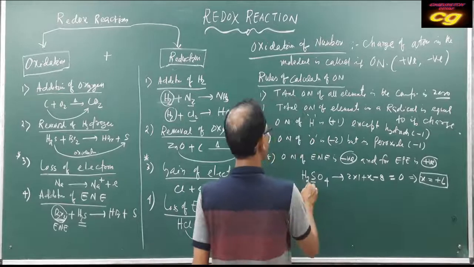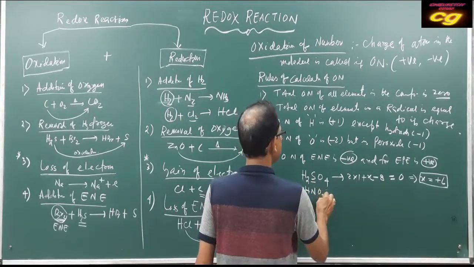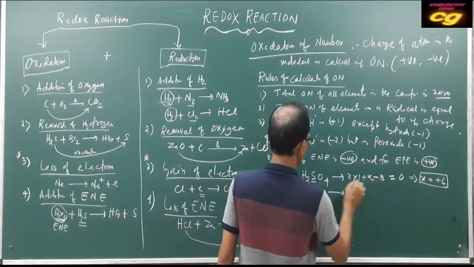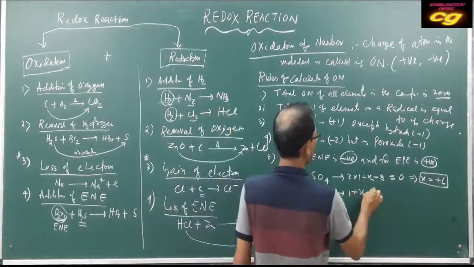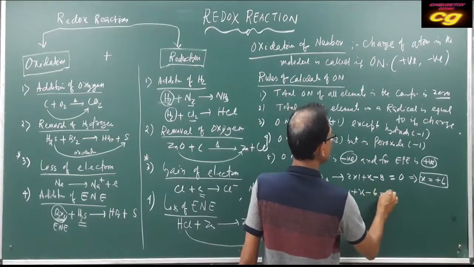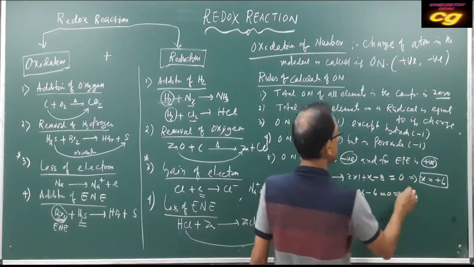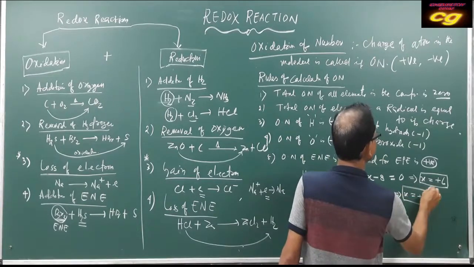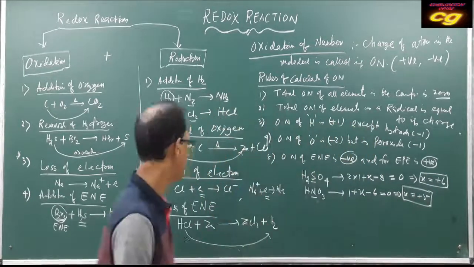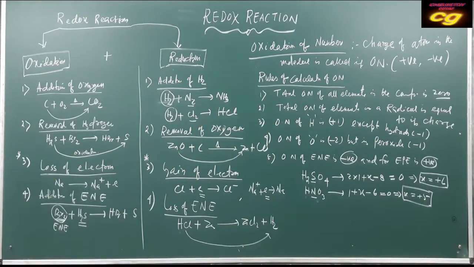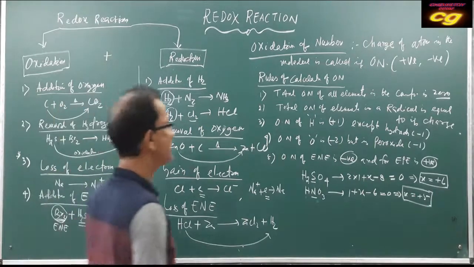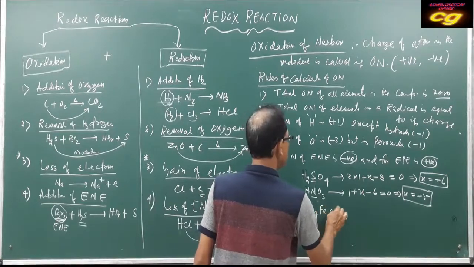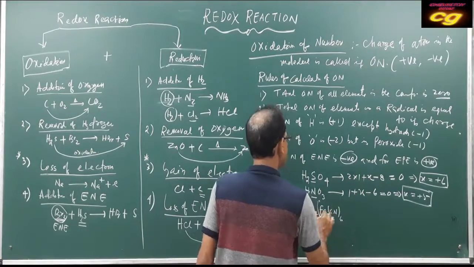Then the oxidation number of nitrogen in nitric acid: +1 for hydrogen, X for nitrogen, and for 3 oxygens it is -6, equal to 0, so X is equal to +5. This is the oxidation number of nitrogen. For example, potassium ferrocyanide, K4[Fe(CN)6].